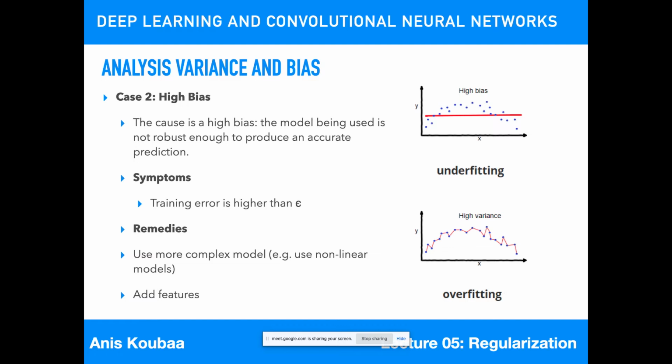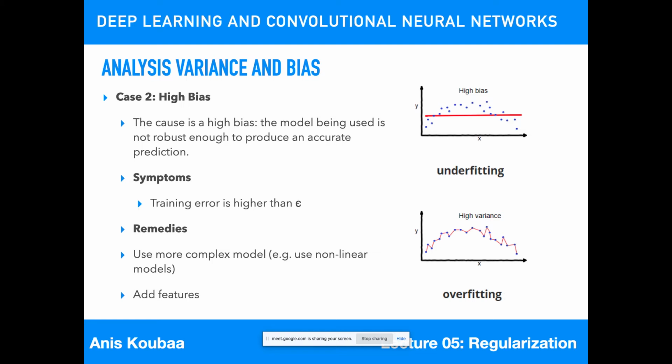Okay. In the case of high bias, the model being used is not robust enough because it oversimplifies the data and is not accurate for the prediction. The symptom here is clear: your train error is very high. If your train error is higher than a certain threshold, you know that you have high bias and you have underfitting.